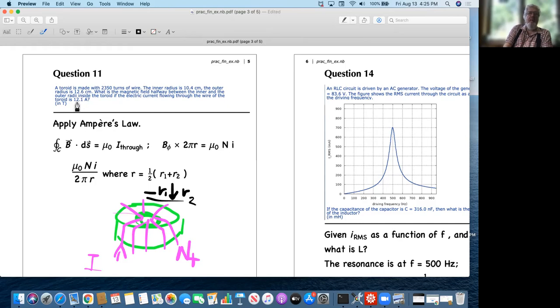And I is given. The way to solve this problem is to apply Ampere's law. You say the integral of B dot ds, that is the circulation of B around any closed curve, is equal to mu zero times the amount of current going through the surface bounded by the curve.